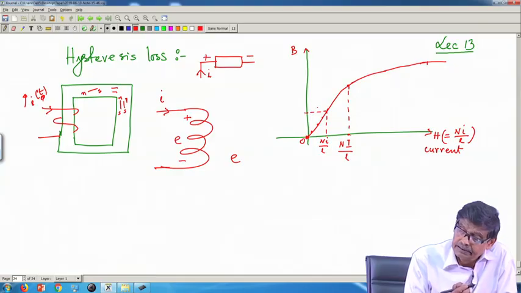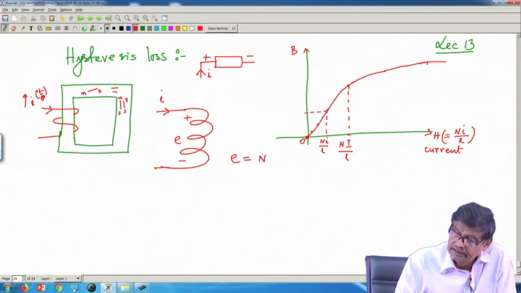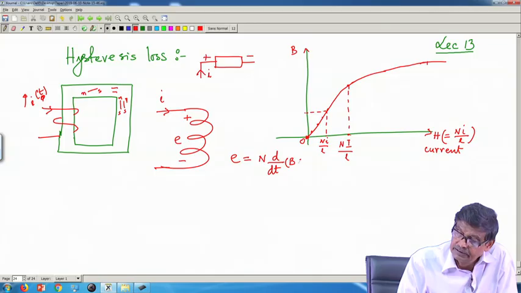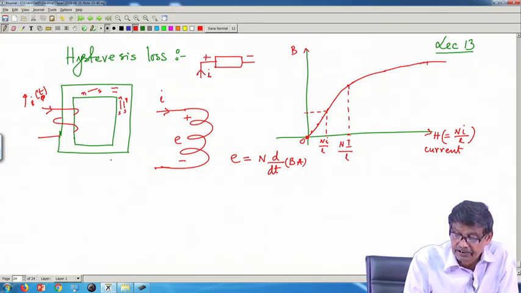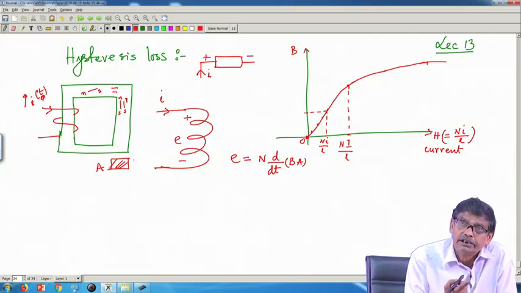And then the induced voltage will be N d phi dt, that is N d/dt of phi, phi is B into A, A is the cross sectional area. This is the voltage, and the polarity I have taken Lenz's law into account.